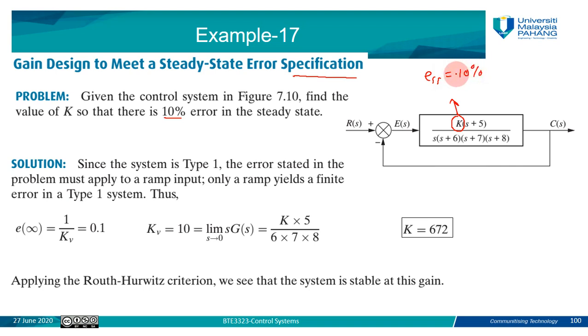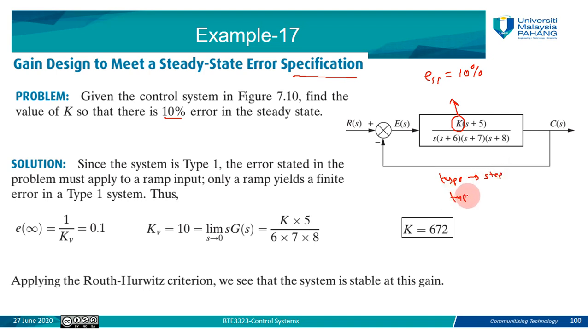10%. Okay. Since the system is type 1 here, because the highest value of n is equal to 1, the error stated in the problem must apply to a ramp input. Why ramp input? Because the system is type 1, so we go for ramp. We said type 0, we go for a step function.